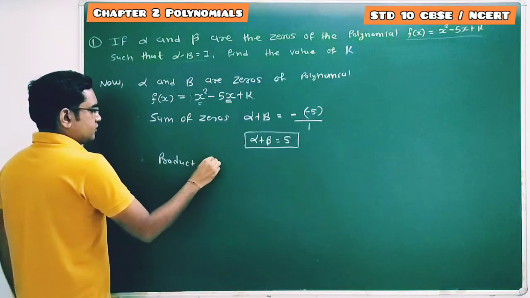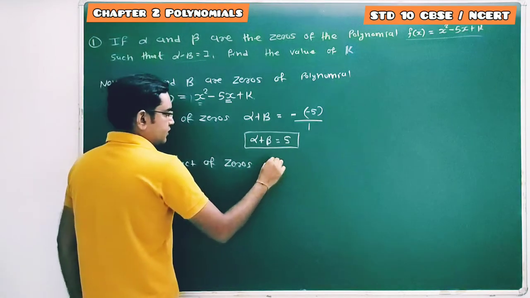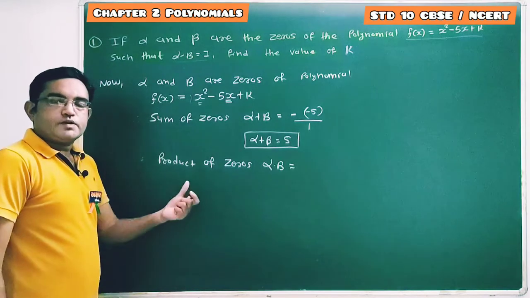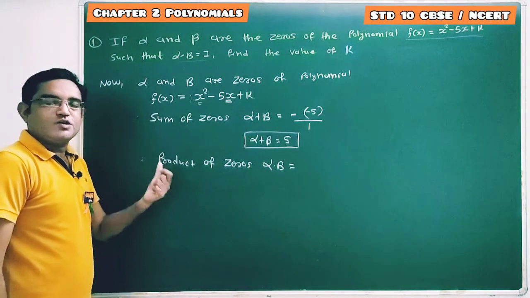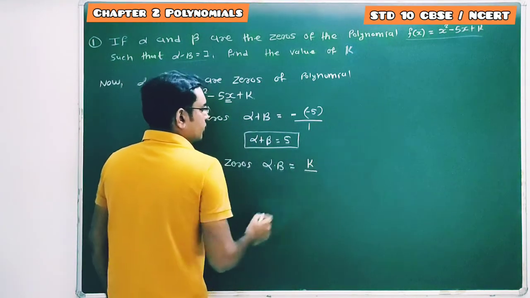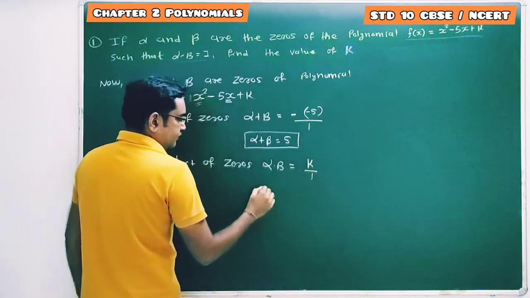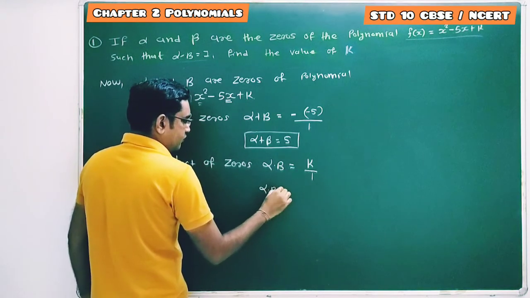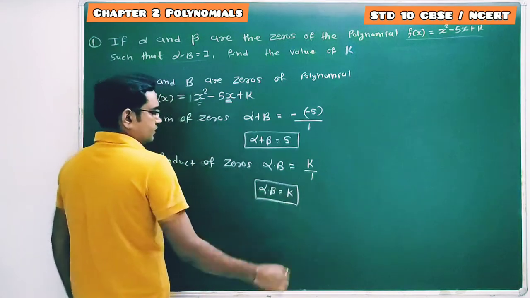Product of zeros, which is nothing but alpha into beta. What is product of zeros? It's the constant term upon coefficient of x square. Constant term is k upon coefficient of x square, which is 1. And therefore alpha into beta, product of zeros, is nothing but k.